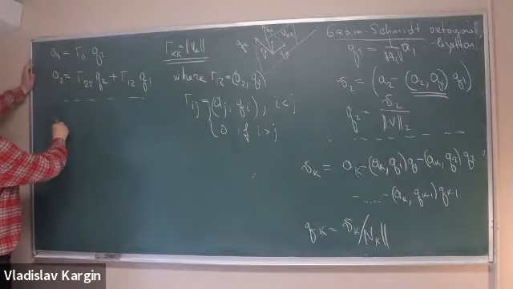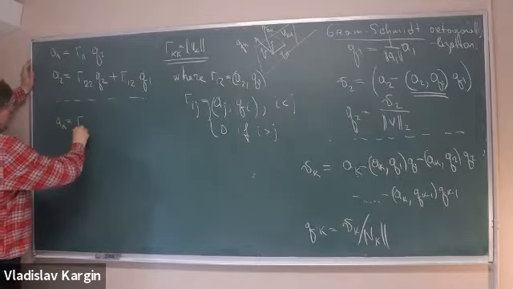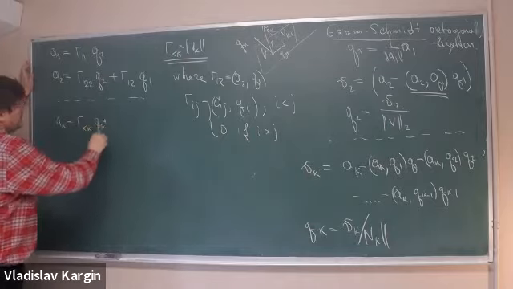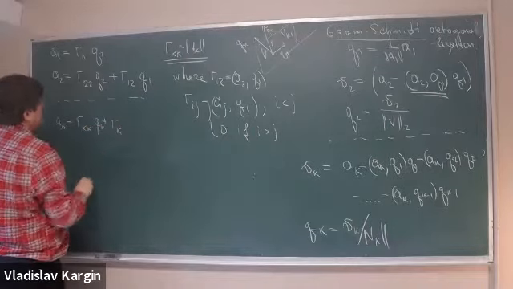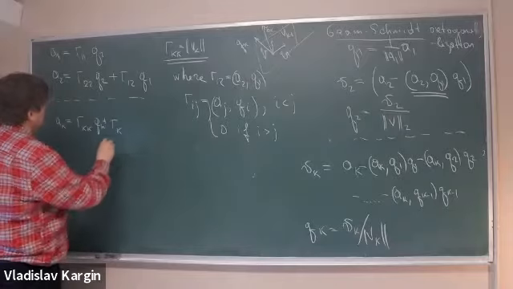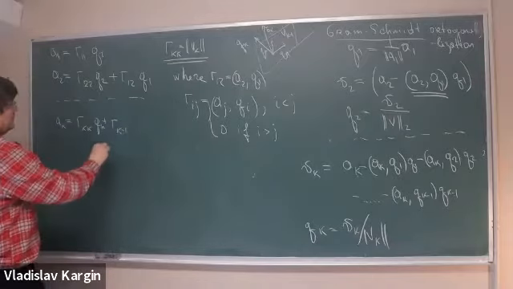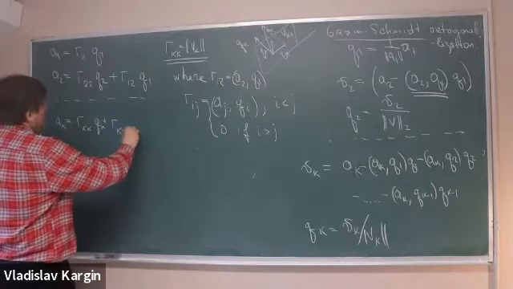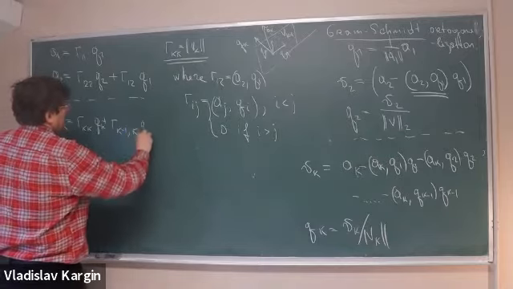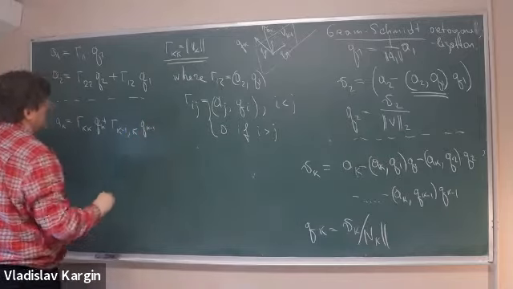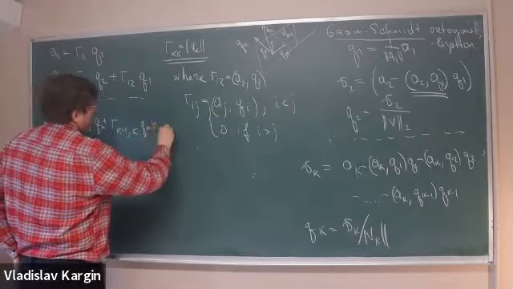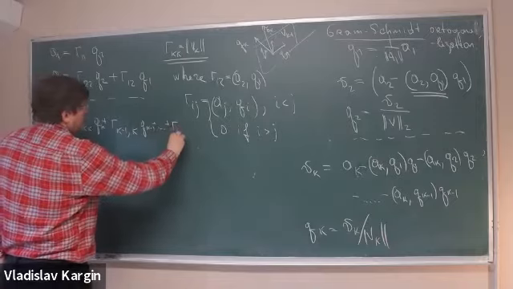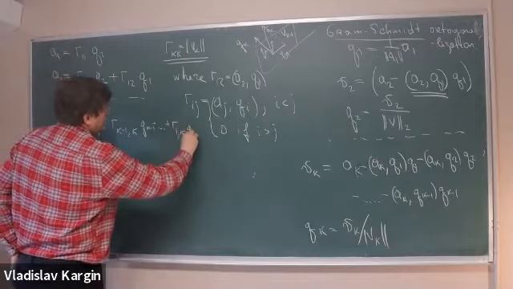AK is equal to RKK QK plus R(K minus 1)K Q(K minus 1) plus so on plus R1K Q1.